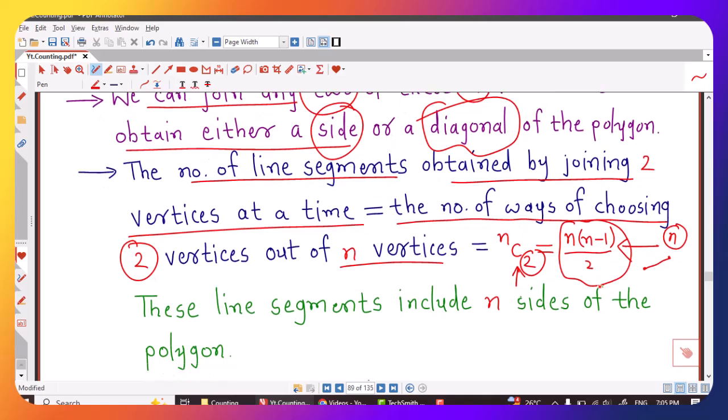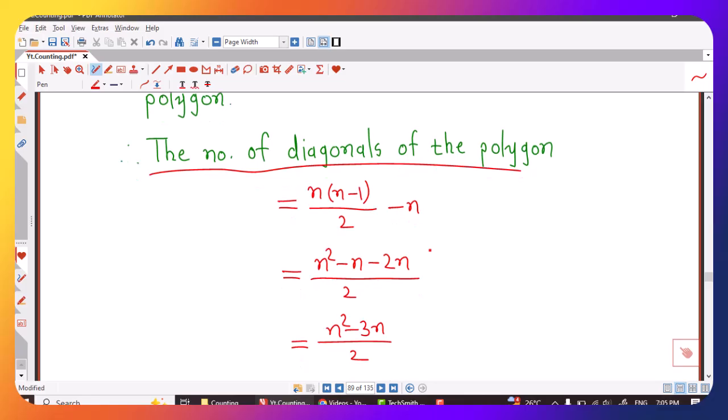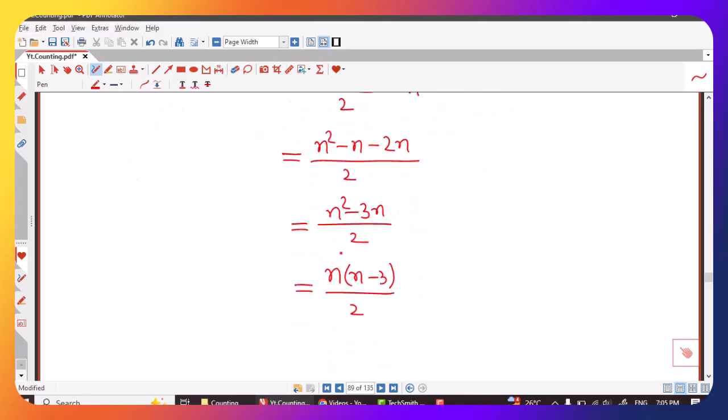Now out of these n into n minus 1 by 2 straight line segments, there are n sides of the polygon which are not diagonals. So to find the number of diagonals, we have to subtract the number of sides of the polygon from nC2. Therefore the number of diagonals of the polygon is equal to n times n minus 1 by 2 minus n, and after simplifying we obtain this formula for finding the number of diagonals of a polygon with n sides.